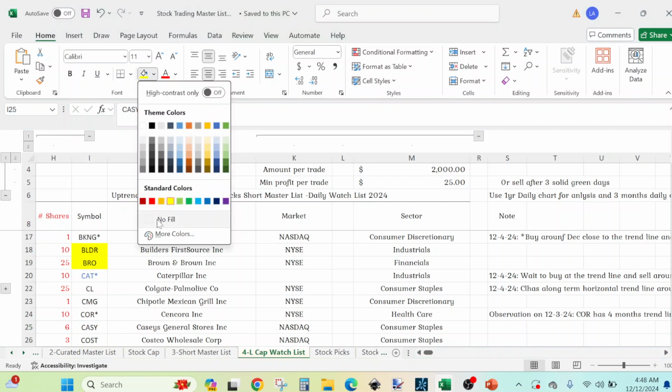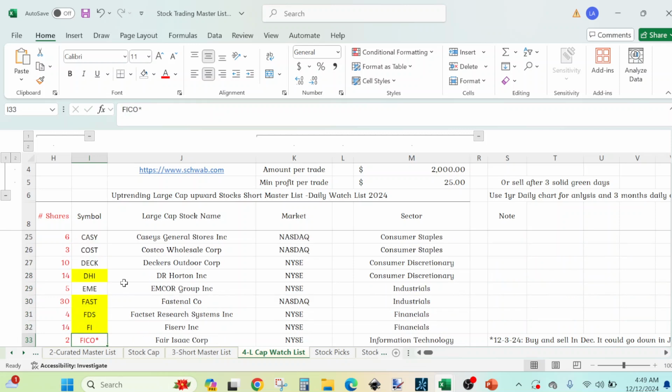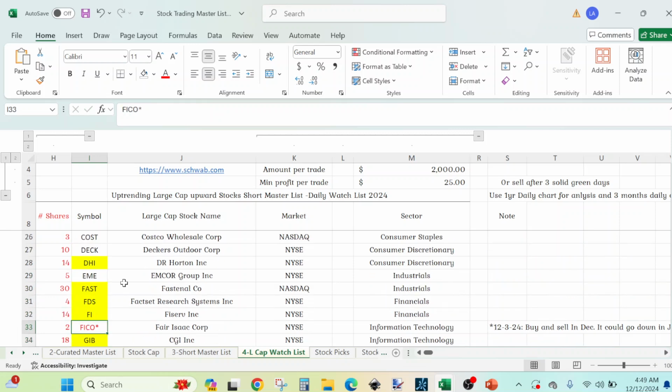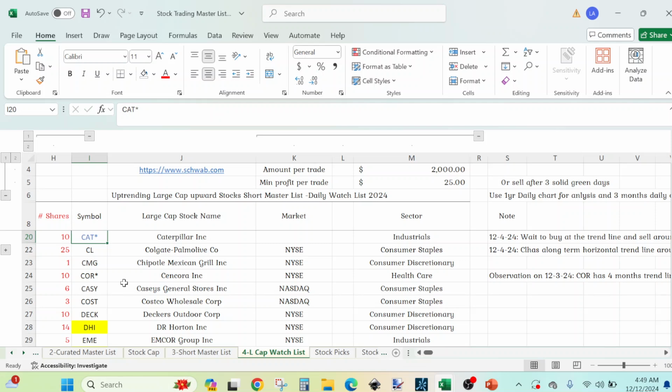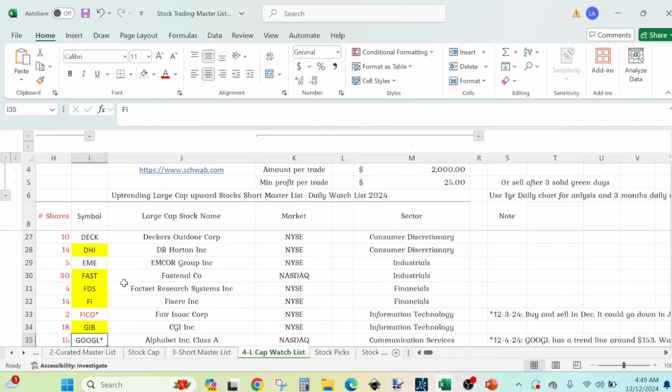So we are going to remove that. I think I was confusing it with KC. So I'm going to take that blue color out of there.